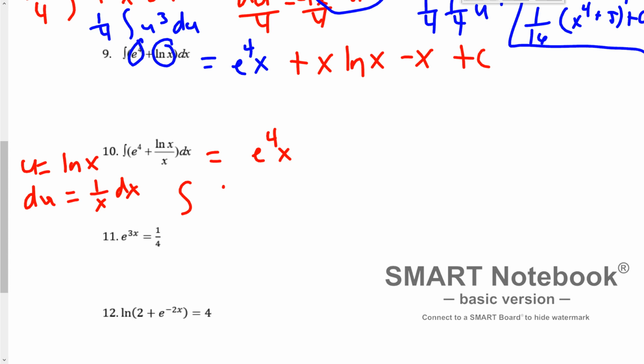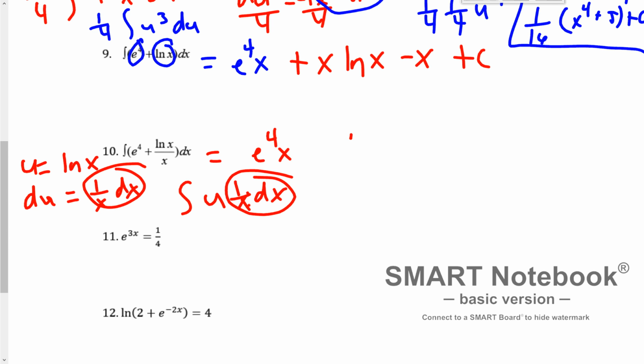That'd be u over x dx. So then this gets replaced, right? You can rewrite this as 1 over x u, or backwards, u over 1x. So that equals that, right, which is du.